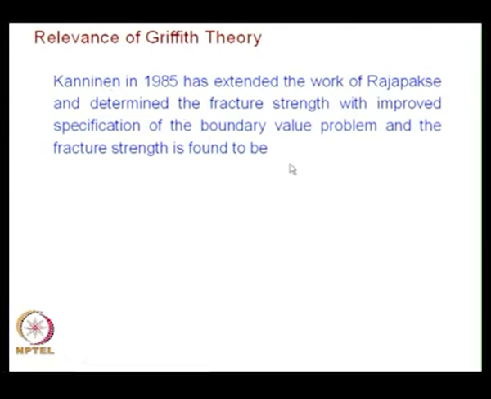and he found the fracture strength expression to be of this magnitude, sigma f equal to 0.52 into E into gamma s divided by A whole power half. In fact, this is cast in a slightly different fashion than the way we have calculated the fracture strength.